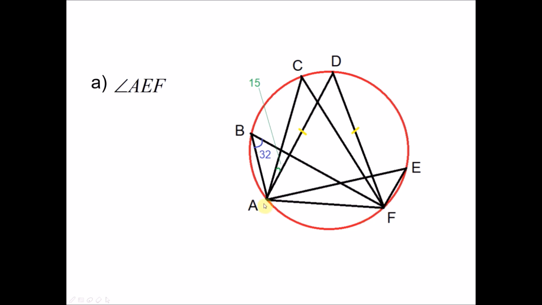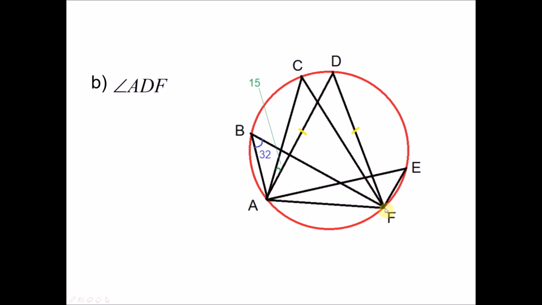And then from the same arc AF, there is another angle here, the angle ABF, 32. So if ABF and AEF are subtended by the same arc, this angle equals this angle. This is the first property that we learned. Hence, angle AEF is 32 degrees. Next, question B.